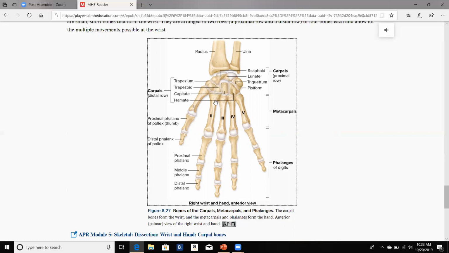When you look on your attachment file that I have as tips, you'll see the way that you need to memorize it. When you're looking at these, like trapezium, the trapezium is on the distal row, and trapezium is under the thumb. The scaphoid is also associated with the thumb.